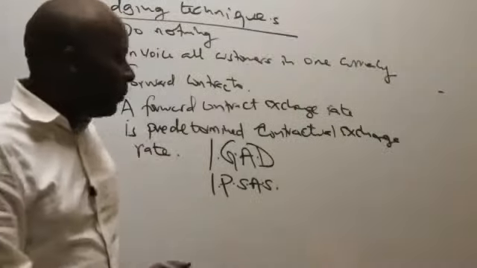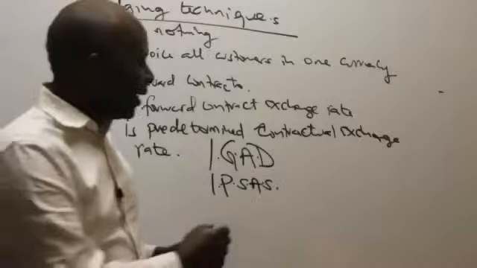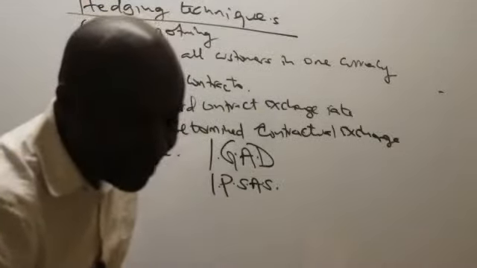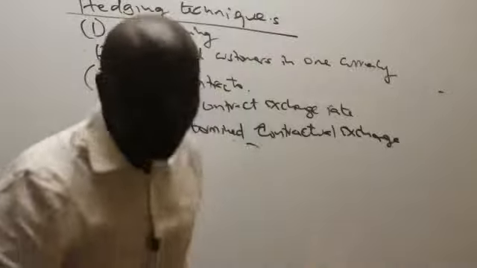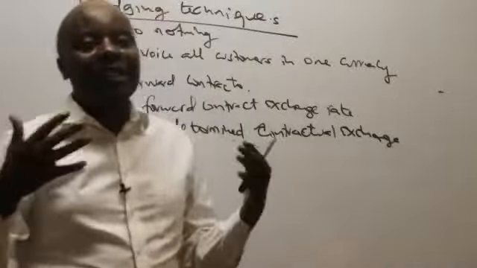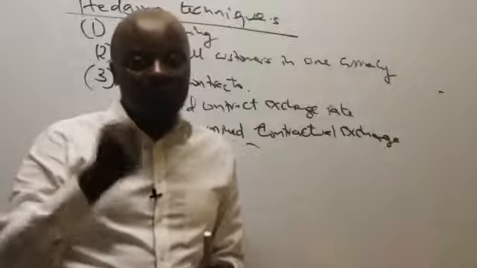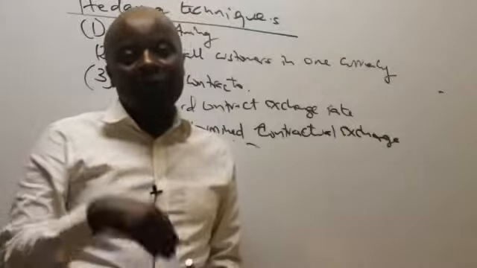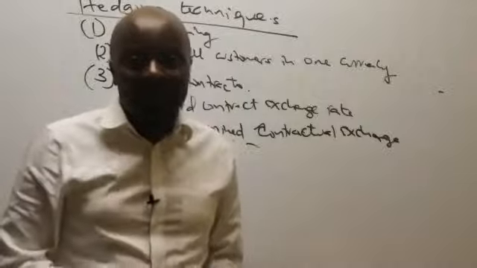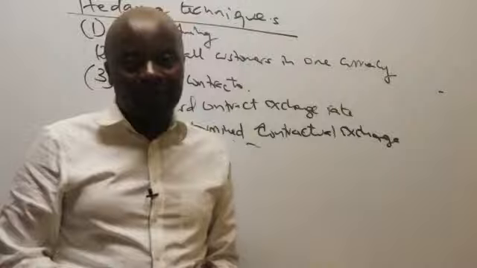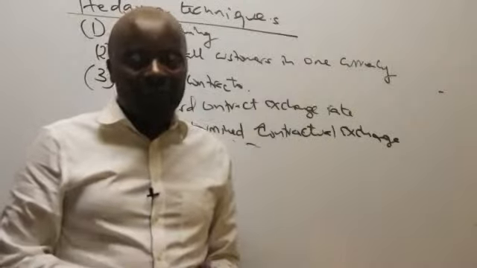We have what we call IPSAS 9. They can't pay you in dollars immediately. What they'll do is give you a promissory note, that in the next 5 months, we shall give you the dollars that you quoted.